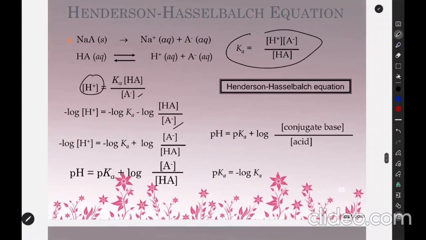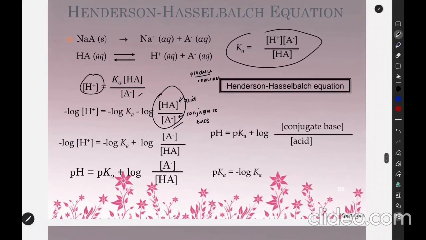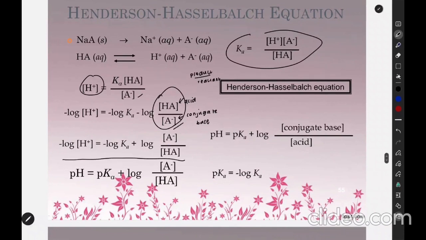Then, since this is the acid and this one is the conjugate base, we need to turn this into the form of product over reactant. So the equation will be rearranged like this.